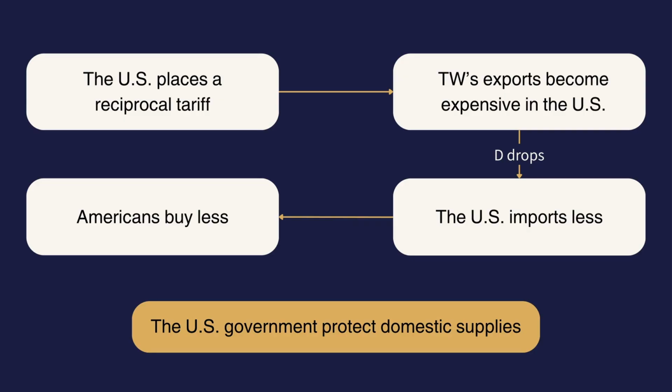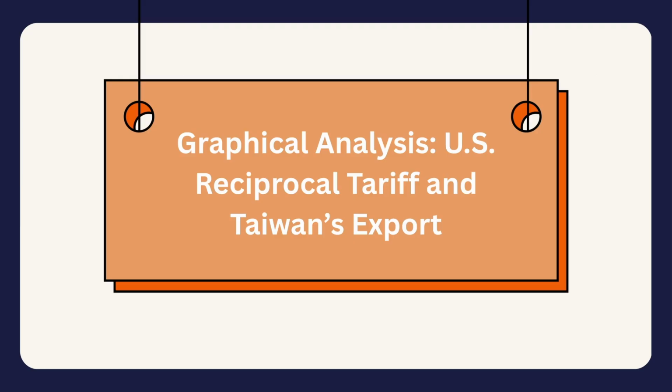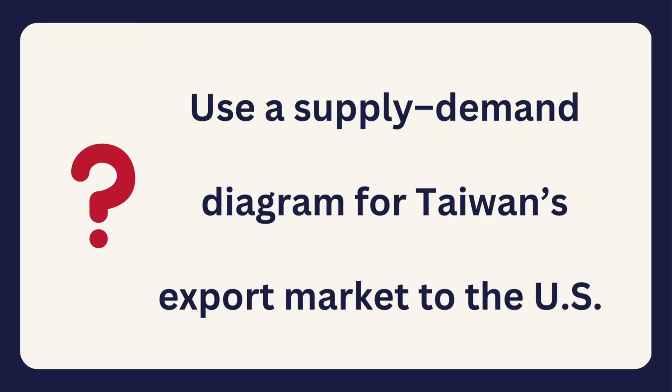At the same time, the price received by Taiwanese exporters falls due to weaker U.S. demand. As a result, Taiwanese exporters sell less, and the United States imports less from Taiwan, and the U.S. government protects domestic supplies. And that graphically analyzes the U.S. reciprocal tariff and Taiwan export.